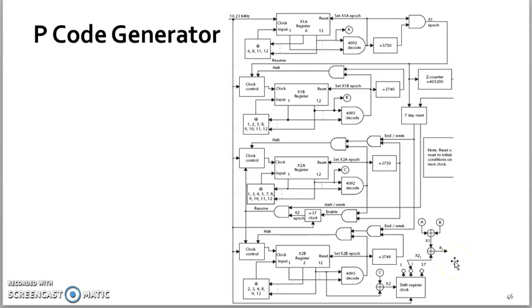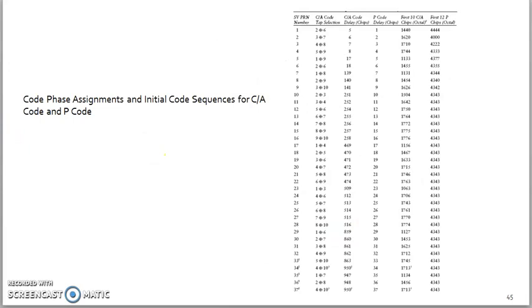Now how this P code is generated is defined in the table here, that is the generation of the P code.